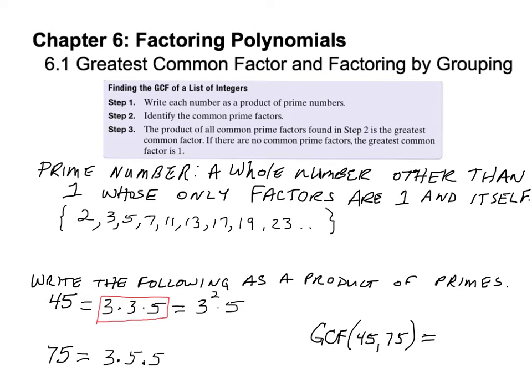But 5 times 5 can be written as 5 to the second power. So once we found the prime factorization now, which is what the instructions are saying, it says write the following as a product of primes. We did that. But now look at the product of primes.